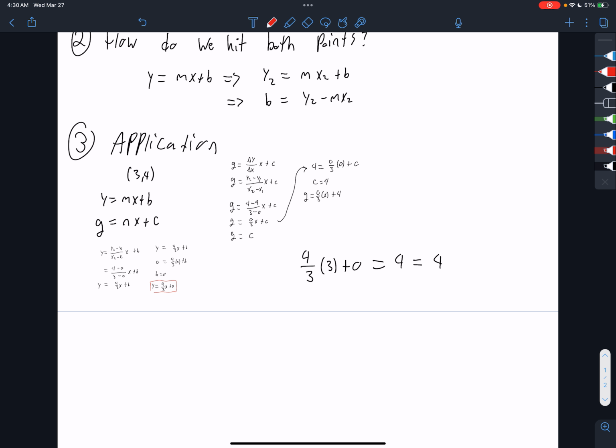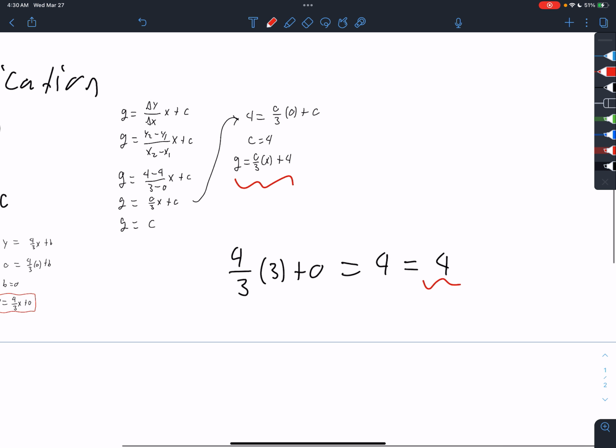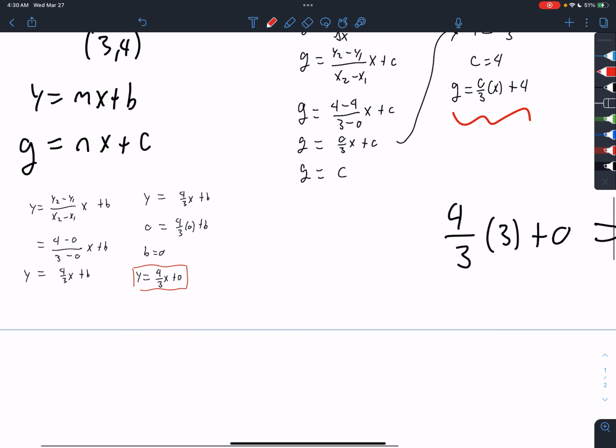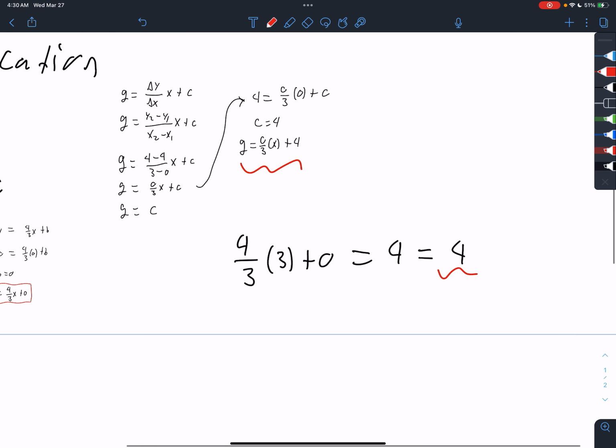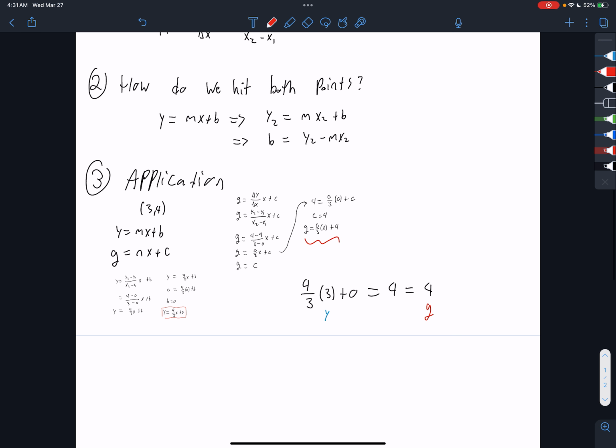Where do we get this 4 from? Well, we plug in our x into here, we get 4 over 3 times 3. I'll make this clear. We have here y. Did I use f? No. Y, and then here we have g. So I hope that clarifies it.